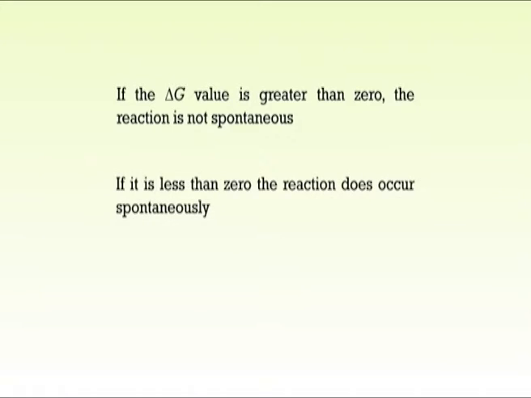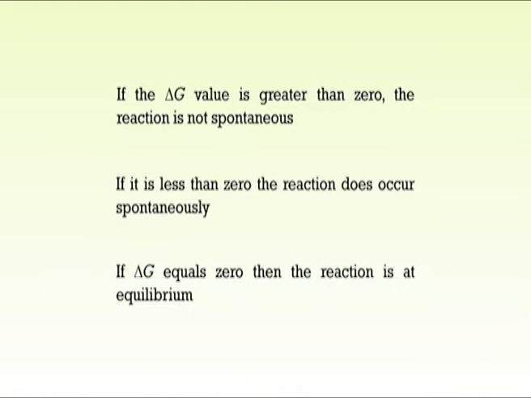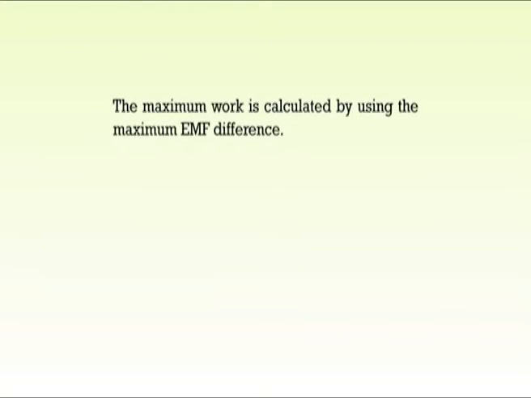If it is less than 0, the reaction does occur spontaneously, and if delta G equals 0, then the reaction is at equilibrium. The maximum work is calculated by using the maximum EMF difference. Therefore, we have delta G equals minus W, which is minus Q delta E.